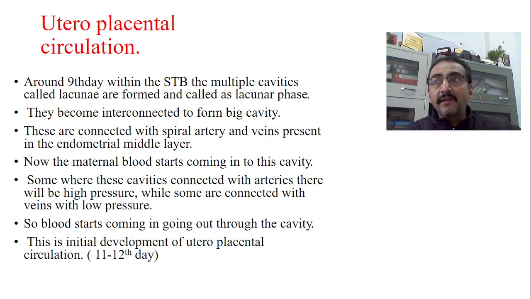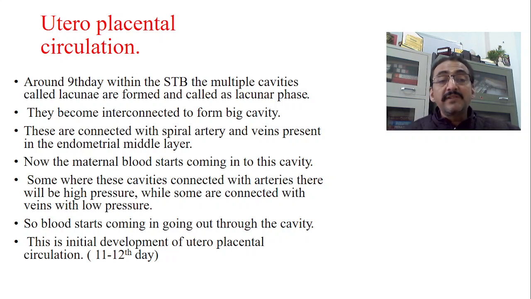So you can understand slowly there is development of a circulation, okay, the process of circulation has been slowly beginning here. Now what happens, the blood starts from the high pressure arteries, the blood enters inside the cavity, and through the low pressure cavities the blood starts going outside.